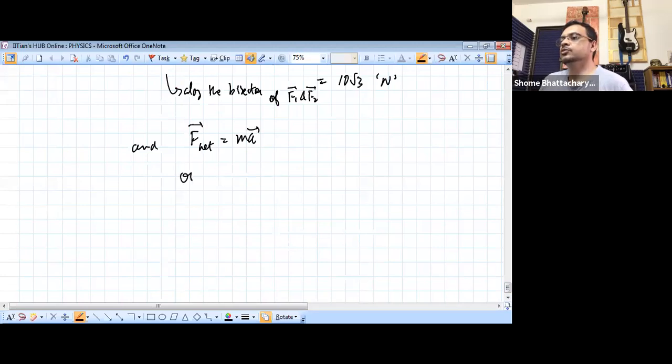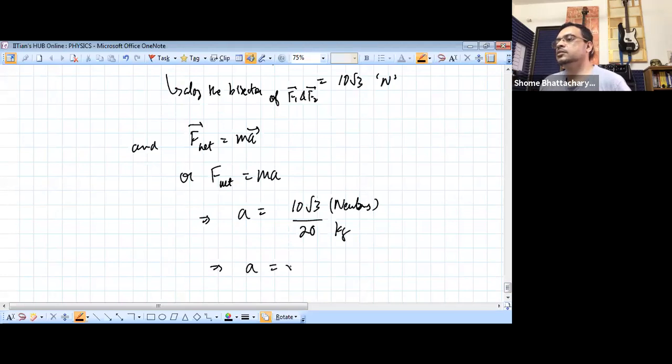Magnitude wise, we can say that net force is equal to mass into acceleration magnitude. So the acceleration will become 10 root 3 newtons divided by 20 kgs, or the acceleration will be root 3 by 2 meters per second square, or approximately 1.732 divided by 2.